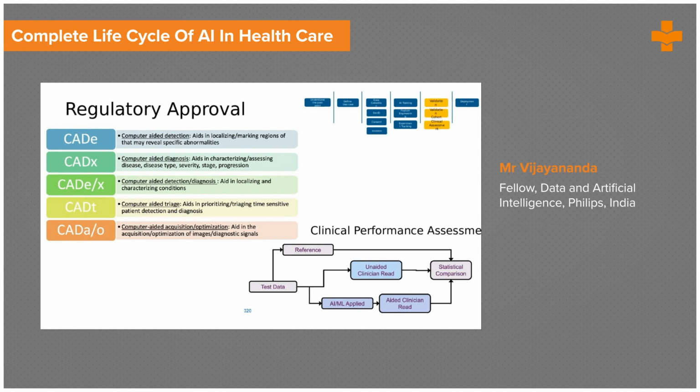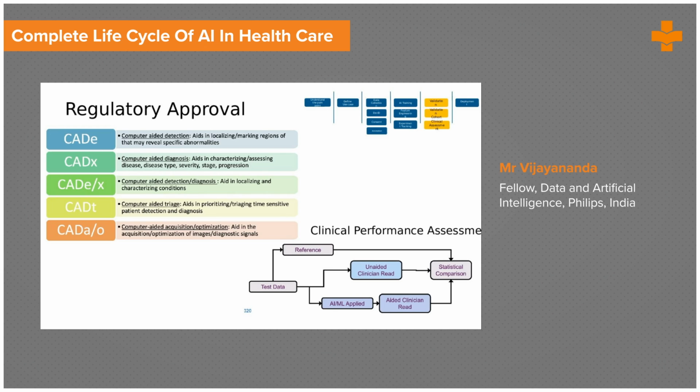This is a picture from the FDA site, which talks about the different types of algorithms that are typically created, and what kind of justification needs to be provided for each of them, whether it's class 1, class 2, medical device, etc., all based on these different categories of algorithms.